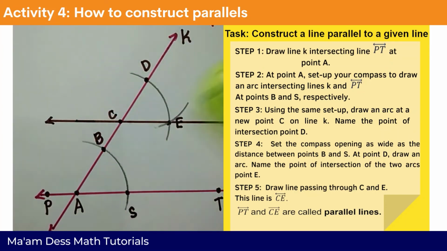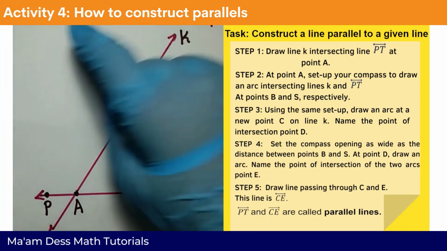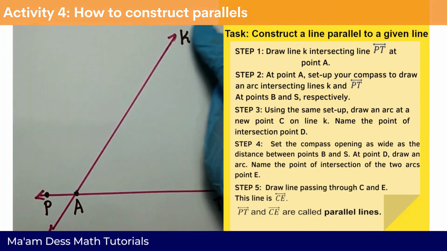And therefore, line PT, with an arrow, is parallel to line CE.